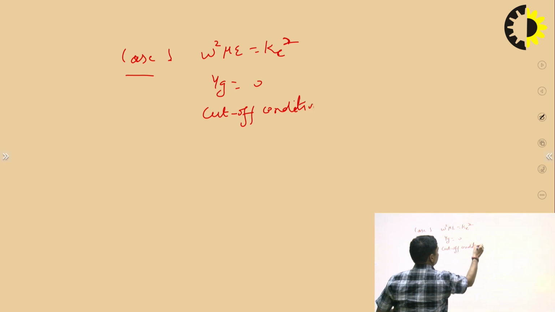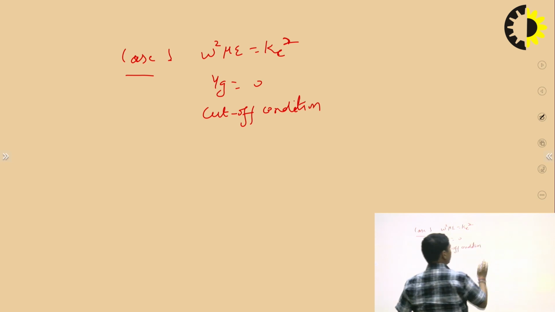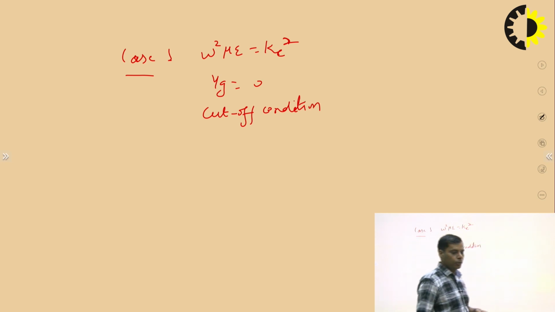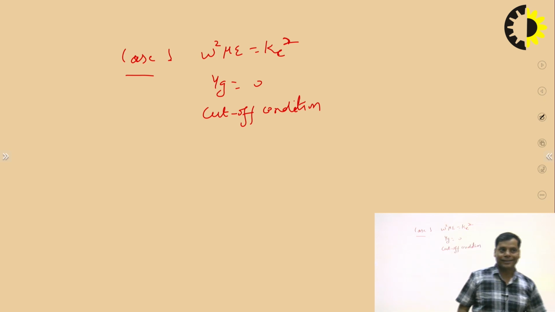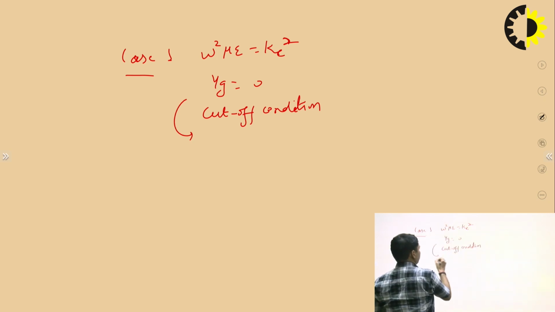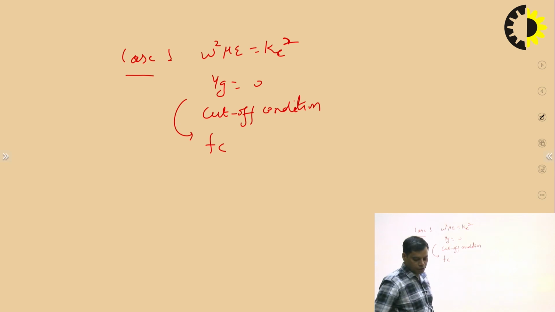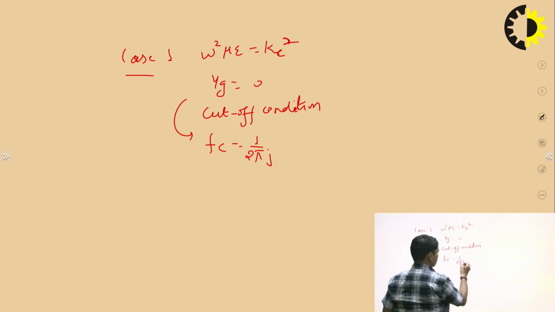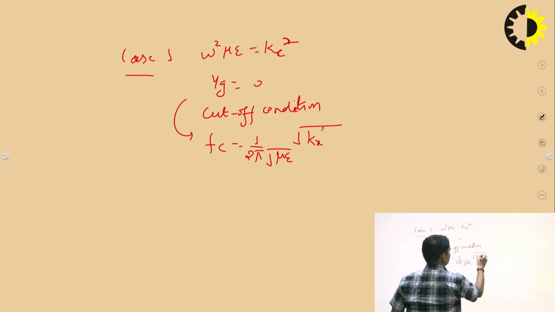It means in this condition no wave will propagate, neither propagate nor attenuate. At this time the frequency is named the cutoff frequency fc, which is given by fc equals 1 upon 2 pi under root of mu epsilon, under root of kx squared plus ky squared.